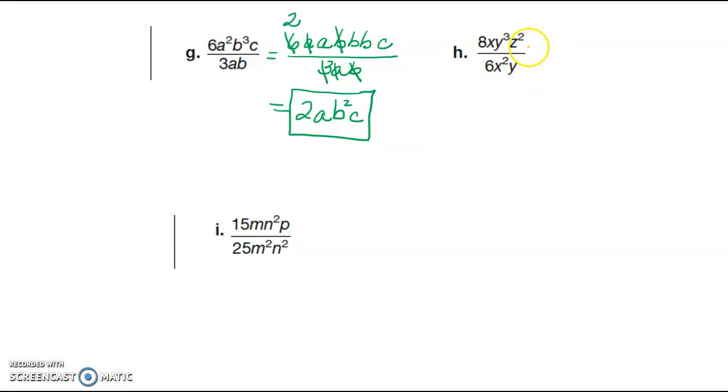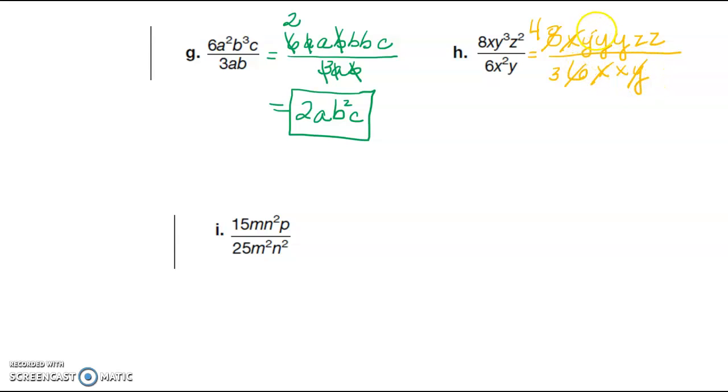Okay. I'm going to do the same thing here. I have 8x, and then x, y, z, z, over 6, x, y. Okay, so 2 goes into 6 3 times. 2 goes into 8 4 times. I have an x and an x that can go away, and that's all for x.